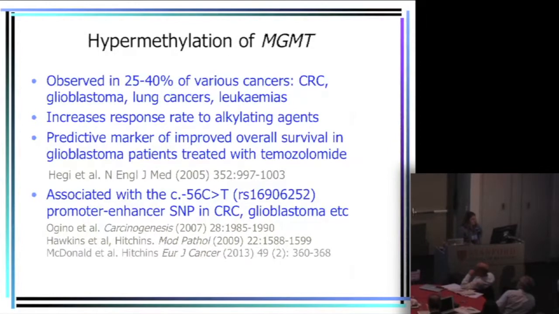More recently, it's been shown by our group and others to be associated with a particular promoter enhancer SNP, both we've shown in colorectal cancer and glioblastoma. So MGMT methylation in the tumor and, in fact, at low levels in normal tissues is associated with this enhancer SNP.